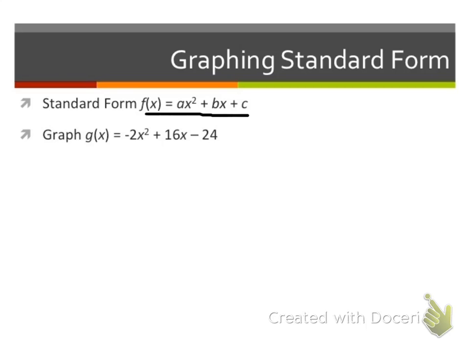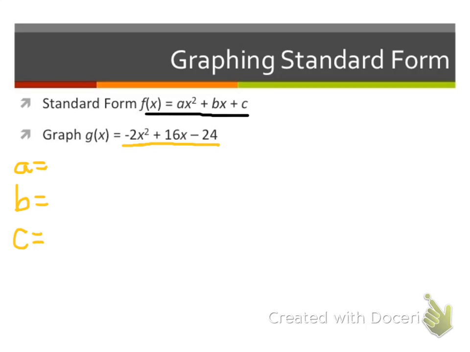So you can see here that we have an equation that is in that particular form, where we have negative 2x squared plus 16x minus 24. And so from this we can identify the a, the b, and the c from our standard form equation.